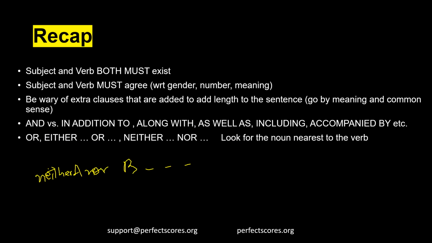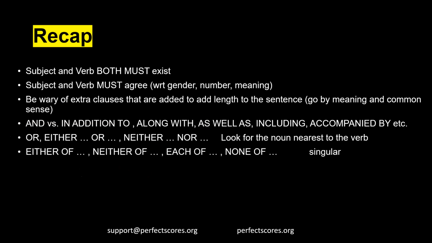In all of these three cases, look at the subject which is nearer to the verb, which is usually the second subject. So that should be the focus. So basically, this rule talks about the second subject. For and, it is always plural. And for the rest of these, you need to look at the first subject. So that's the basic rule for all of these different kinds of extra words that are given.